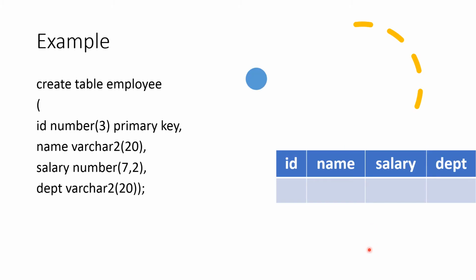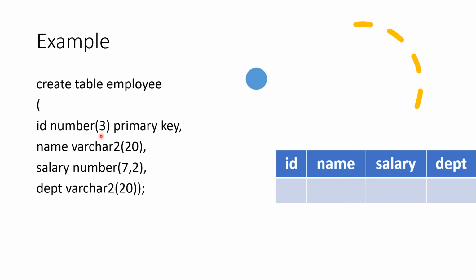So let's create the table employee. As you can see, there are 4 columns: ID, name, salary and department. So let's create the table. Create table employee. First column as ID. Data type is number. That means I require numeric value to be entered in ID column.